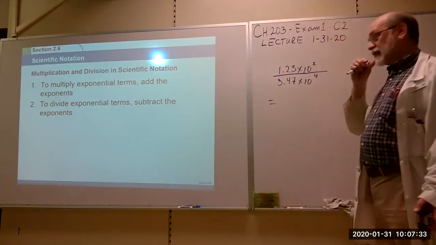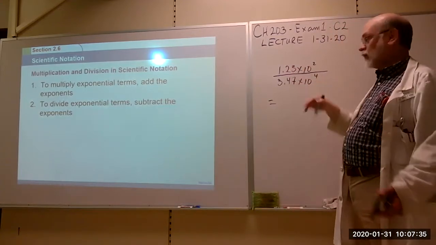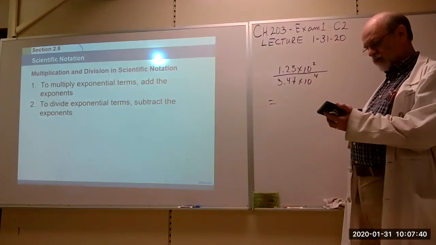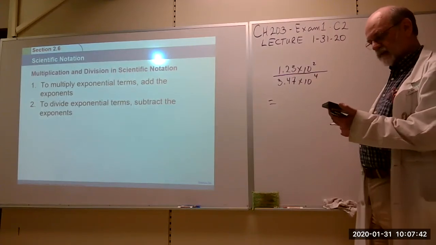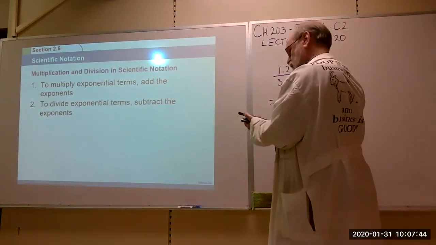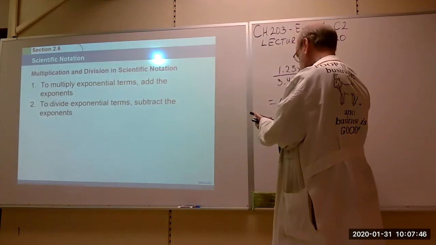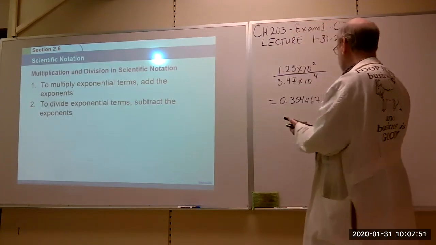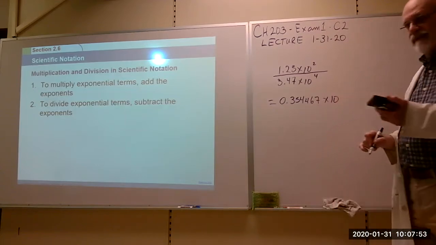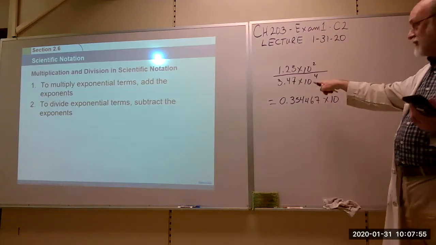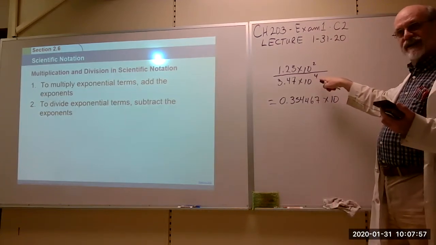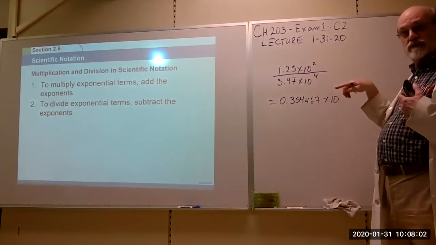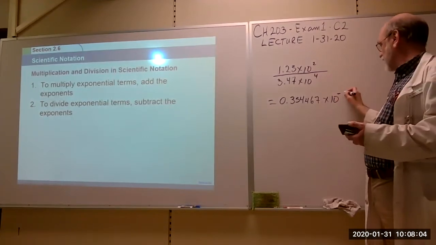Just like before, you divide this one into that one: 1.23 divided by 3.47 is 0.35447 times 10 to the what? Now when you divide, what do you do with the exponents? Take a wild guess: subtract. You subtract this one from that one, which makes it 2 minus 4, which is minus 2.